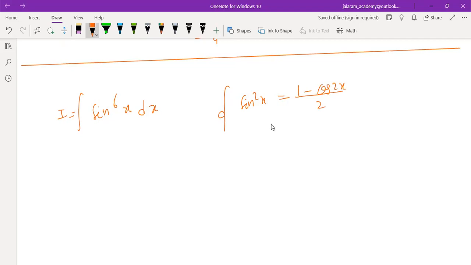Whenever there are even powers, we have to use the formula for sin square x as 1 minus cos 2x upon 2. So it becomes (1 minus cos 2x upon 2) whole cube, as this is sin square x whole cube. Sin to the power 6x means sin square x whole cube. And sin square x is 1 minus cos 2x upon 2.